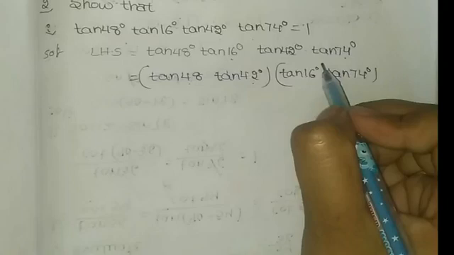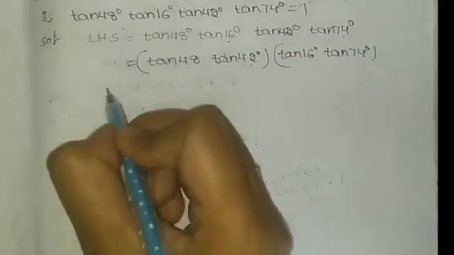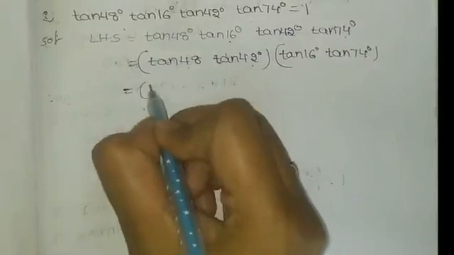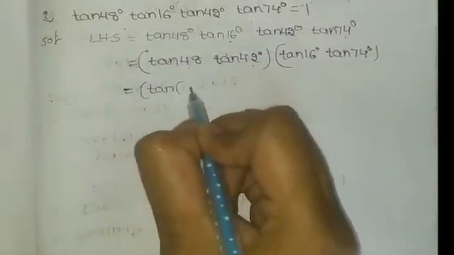Now here cos 90 minus 54 is nothing but sin 54, and cos 54, because cos 90 minus x is equal to sin x, and also sin 90 minus x is equal to cos x.